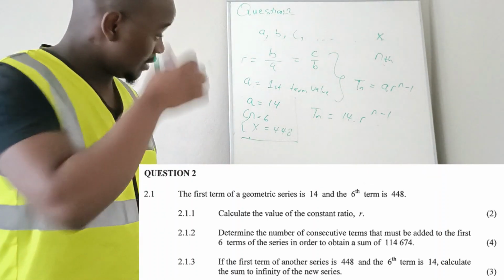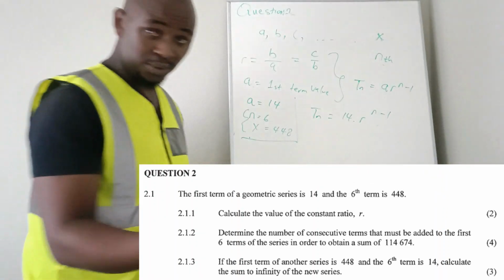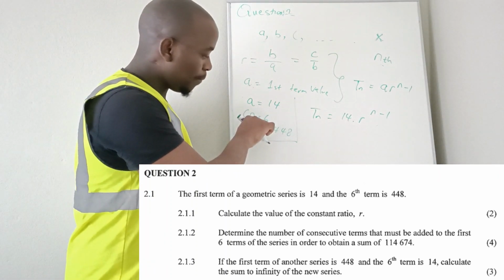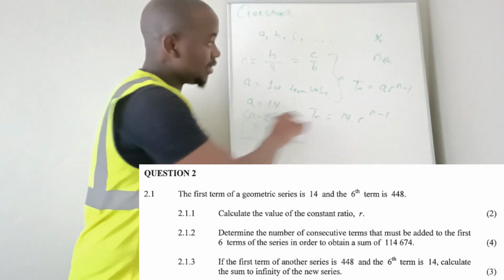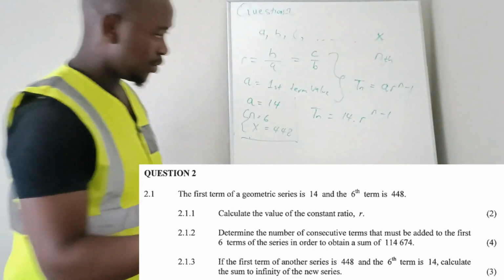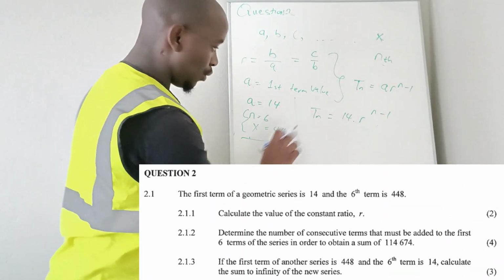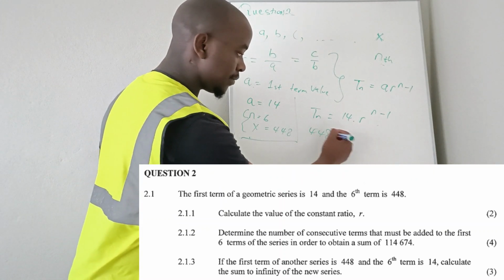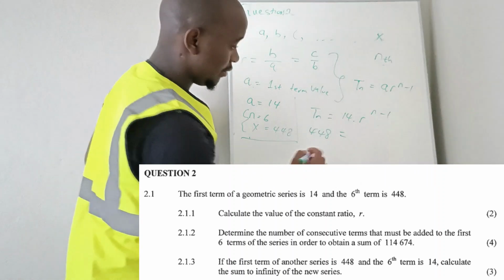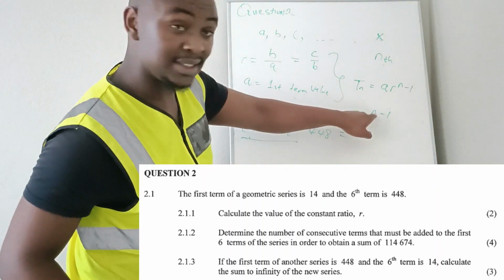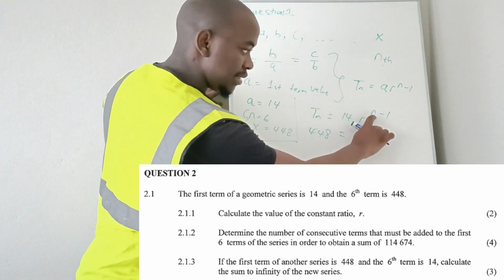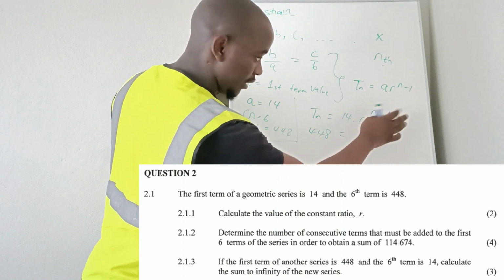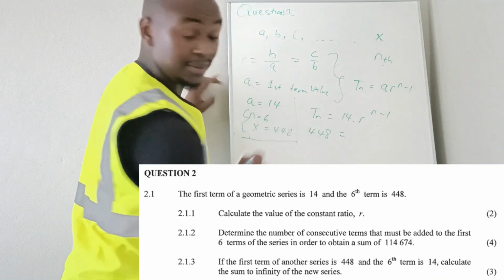To figure out the value 448, we needed to substitute the term number 6 in this equation. So if we substitute 6 in here, with the unknown ratio, times 14, we should be able to get 448.